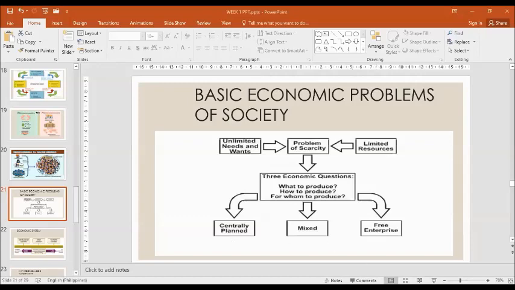Okay, the next question is for whom to produce. So it speaks about our target market. If we are on the business side, the question is who are our target markets? For whom to produce? So we think about the society, or the population that needs to be satisfied. But then certainly we cannot satisfy all individual or human wants.